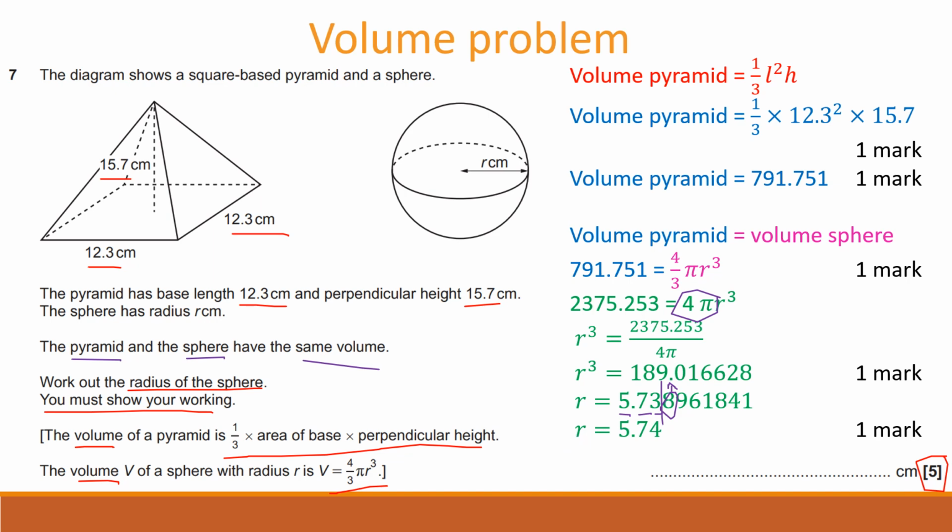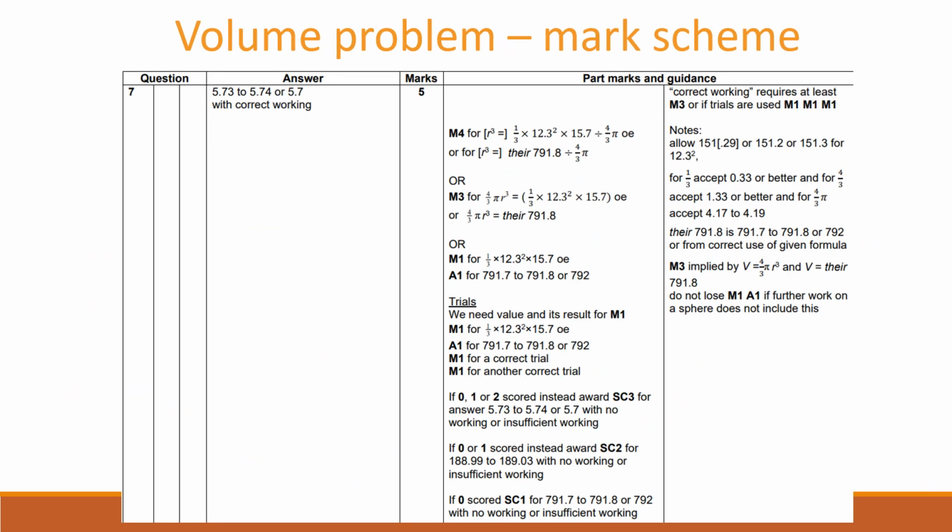Okay, there's my answer. You can see here the 5 marks down the side where the marks were awarded from on the mark scheme. On the mark scheme we have got down the bottom 5.73 or 5.74 or 5.7 with correct working, but you have to have the correct working to get the 5 marks here.